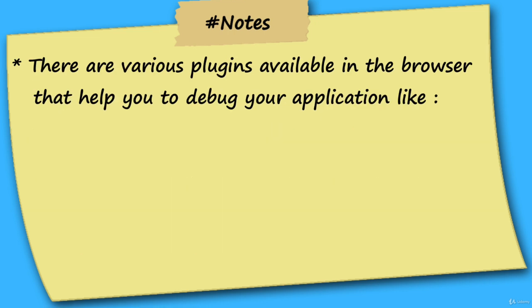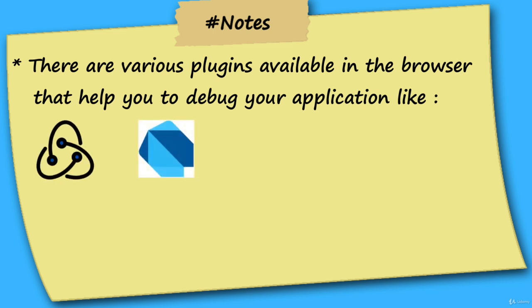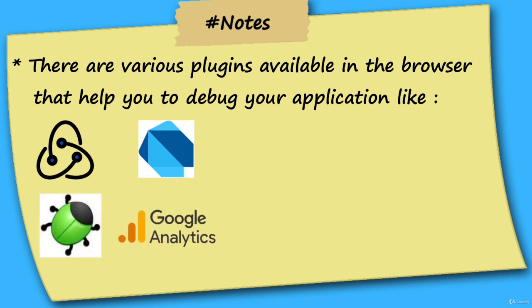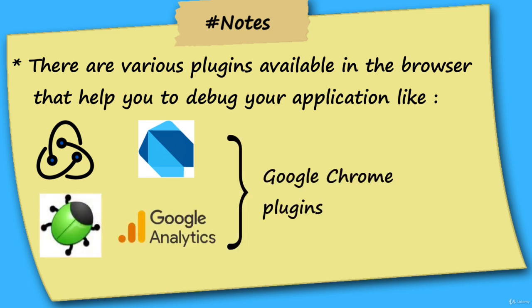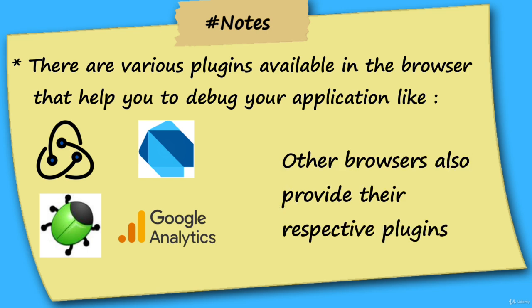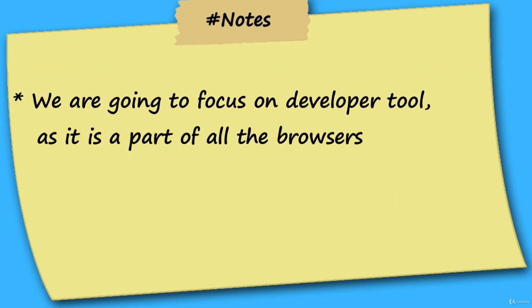There are various plugins available in the browser that help you to debug your application, like Redux DevTools, Dart Debug Extension, Xdebug Helper, Google Analytics, and many others. These are Google Chrome plugins. Other browsers also provide their respective plugins. But we are going to focus on the developer tool as it's a part of all the browsers.